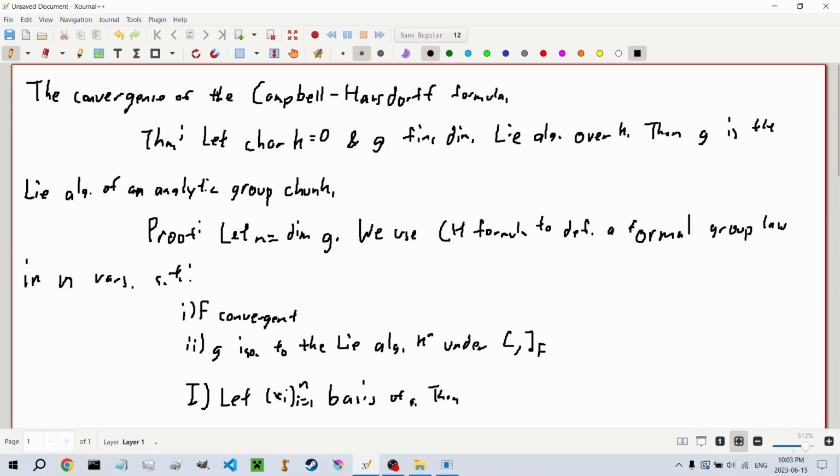Then there exist unique structure constants such that the bracket of x_i and x_j is given by gamma_ij^h, where h here too is just an indexing constant.